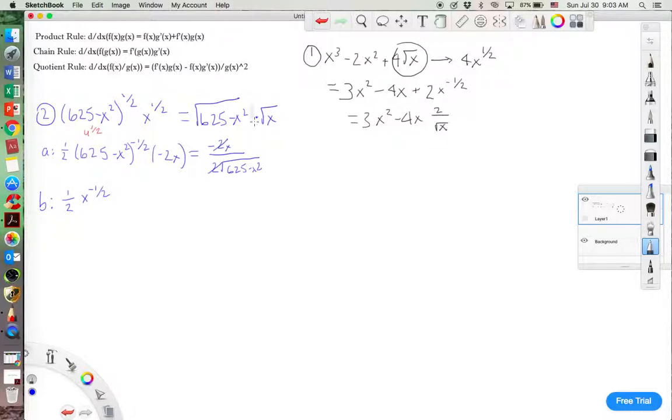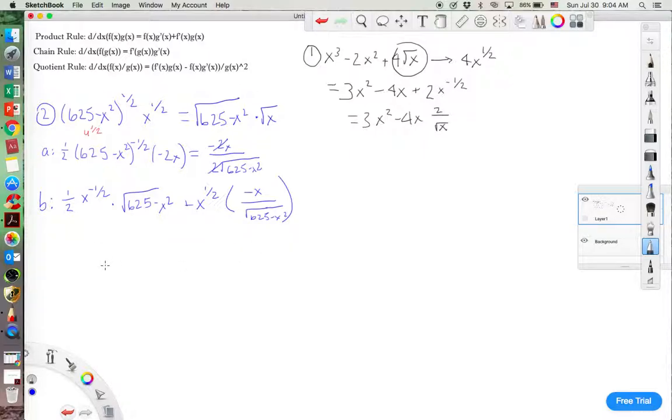So I've taken the first derivative of this one, multiply that by square root of 625 minus x squared. And then we're going to add to that x to the 1/2, sorry for mixing square roots and exponent form, times what we already found here, which is the first derivative of that, negative x over square root of 625 minus x squared.